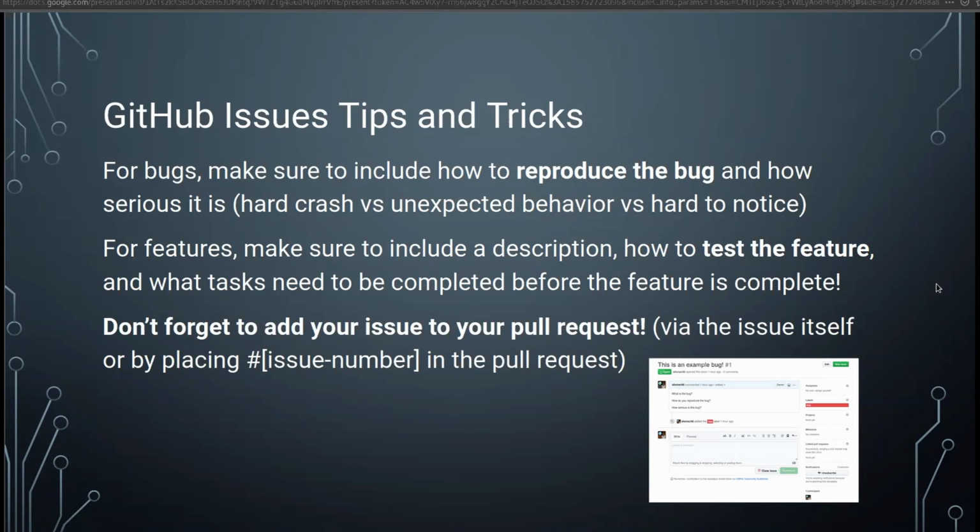For features, if you're ever creating a feature, make sure you include a few things. One, the description of the feature. How do you test the feature, and what tasks need to be completed before the feature is complete? And we'll go over that in a bit, but I want to really stress how to test the feature. If you essentially create your test suite, the tests that you are going to run to determine if that feature is working or not, before you start working on that feature, you don't necessarily need to write test cases or anything like that, although that is a valid way of doing it.